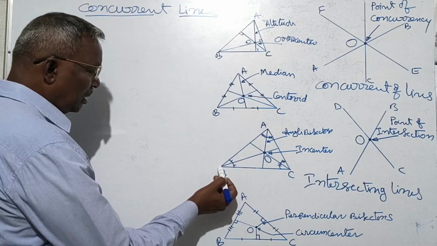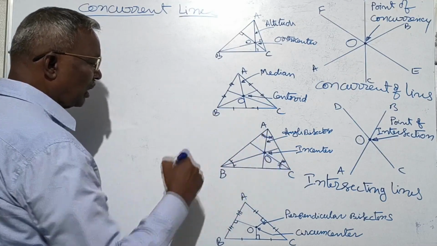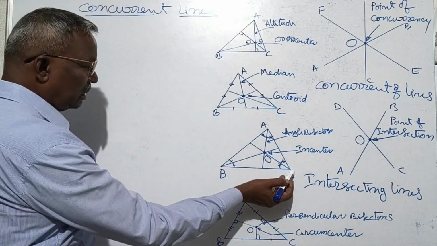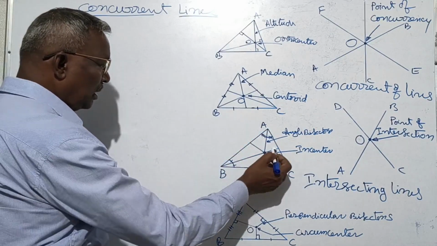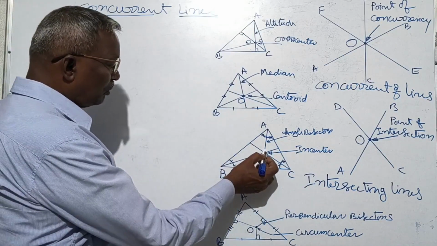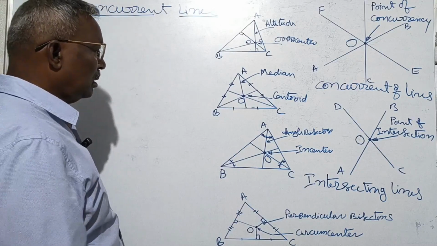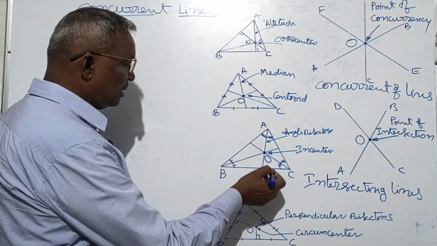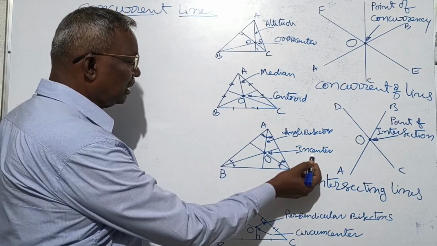Similarly for the other angles, and at C also. All three angle bisectors meet together at one point, that is the point of concurrency. That meeting point of the angle bisectors in a triangle is called the incenter.